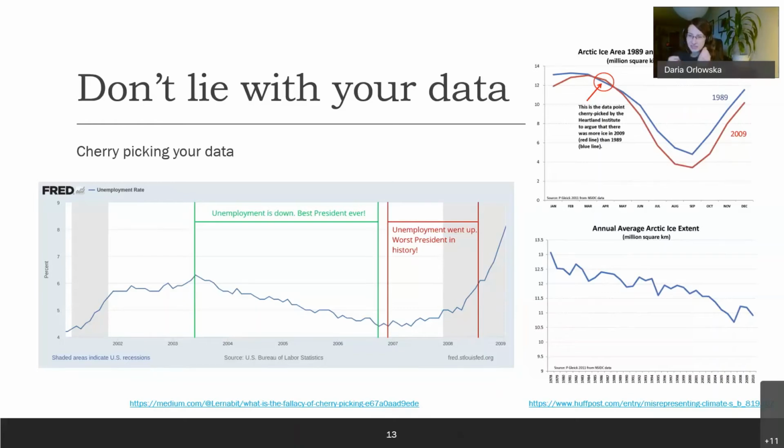However, someone clearly went and tried to find this piece of data to make this claim, because if you look at the annual average Arctic ice extent, so how much Arctic ice overall there is over the course of years, it is a steadily decreasing curve, which is important: to have the bigger picture when we're looking at a smaller subset of data.